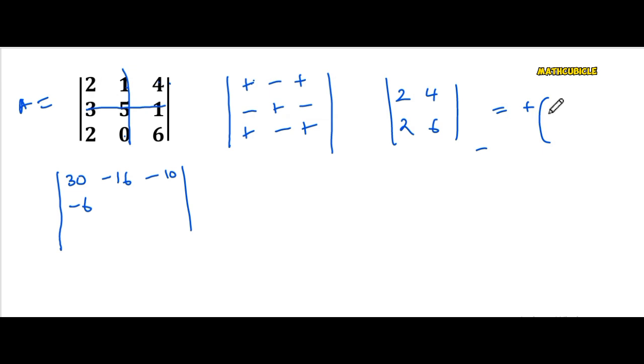So that becomes plus. 2 times 6 is 12, minus 2 times 4 is 8. That's plus 4. So here we write plus 4, or just 4. I'm not adding the plus there.